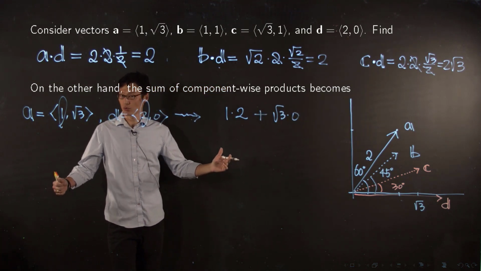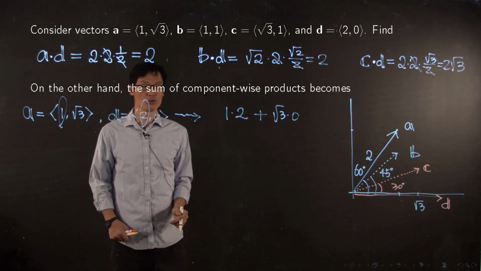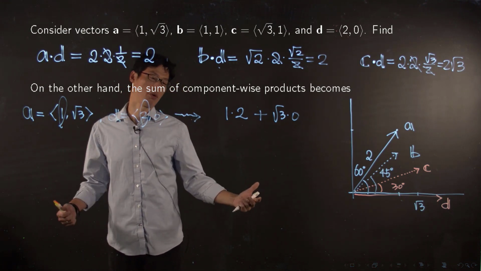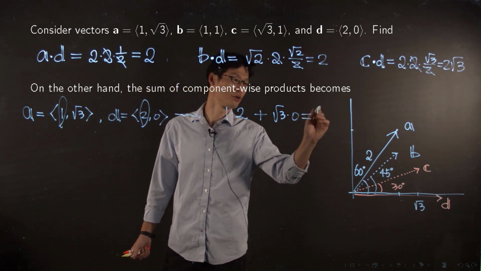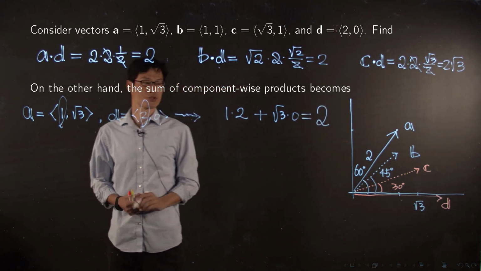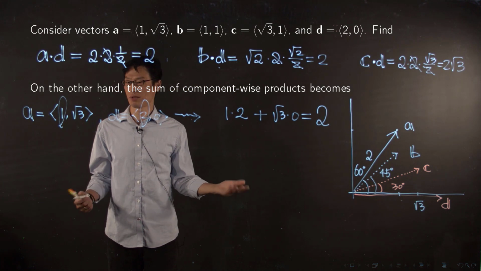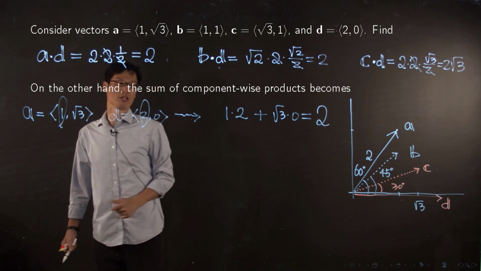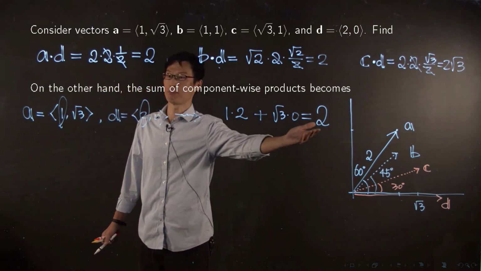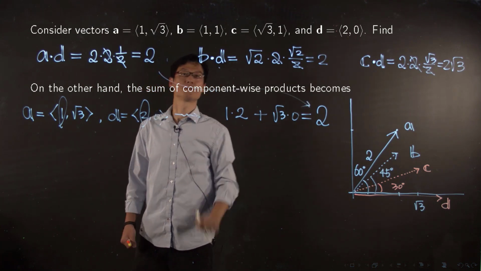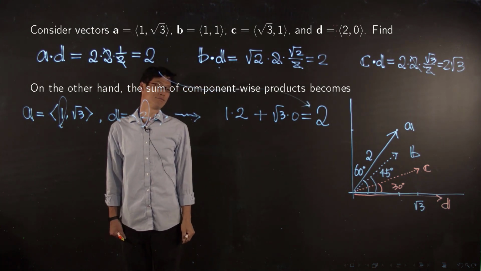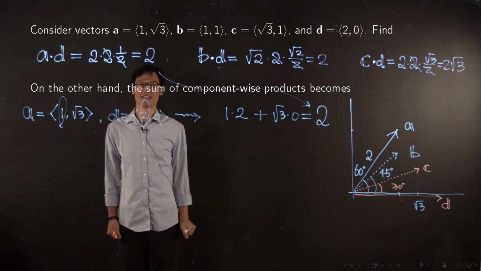Am I clear with what we are doing? You take the component-wise product, and then you add them up. Then this is 2. So somehow we made a calculation from vectors A and D, and the result happens to be the same as this dot product. It's quite interesting.